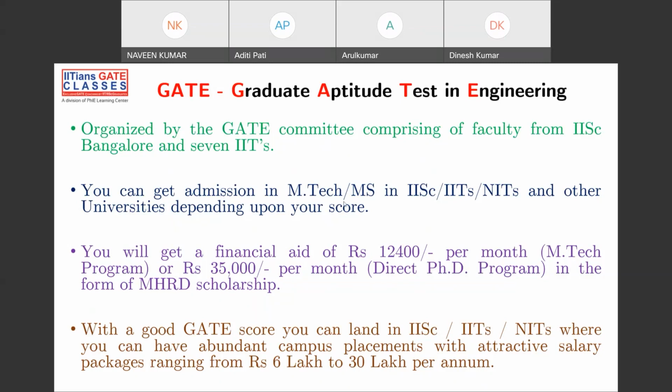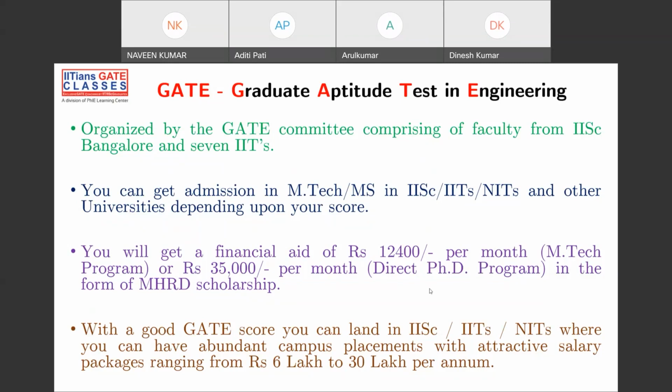So you can do MTech research in IISc, IITs, and NITs. Obviously, if you're doing higher studies, you'll be getting paid according to the domain and the degree that you are choosing. If you're choosing MTech, then it will be 12,400 rupees per month.